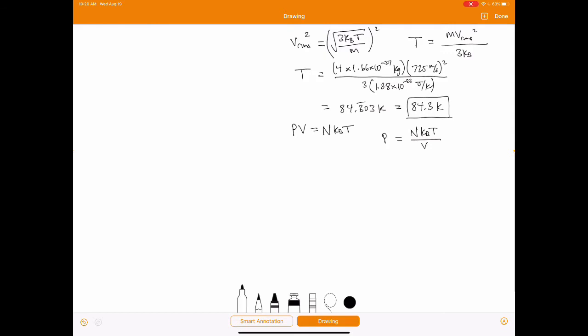In this case, we know everything that we need to plug in here. We know the temperature, we know the volume. We do know the amount of gas, we know n, but we have to convert it from moles to number of particles, because when we use this form of the ideal gas law, capital N represents the number of particles.